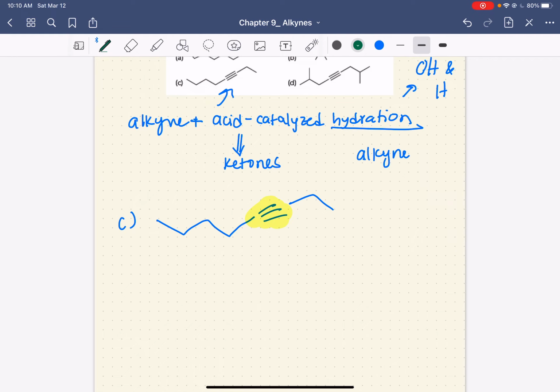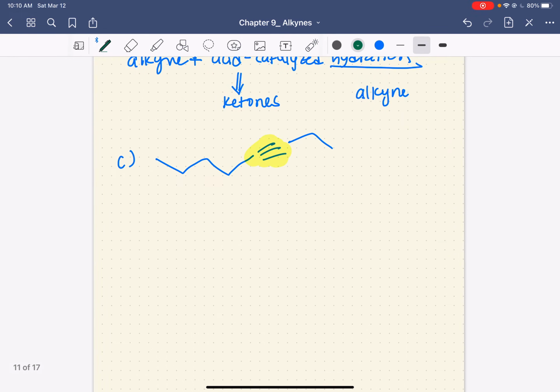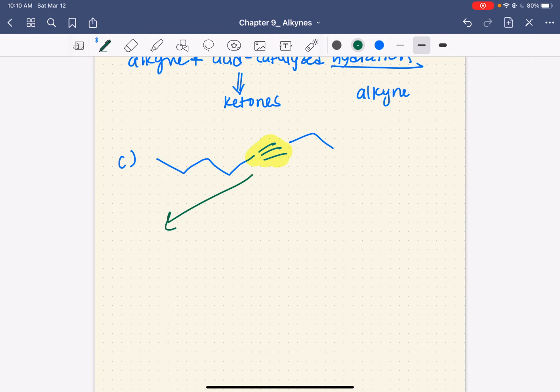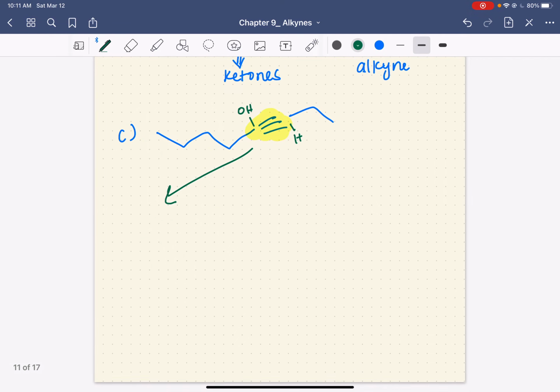Now, it's unsymmetrical. So that means we could potentially add the alcohol on this side and the hydrogen on this side, because you have one group on each side, so it's not necessarily more substituted on one side or less substituted on the other.